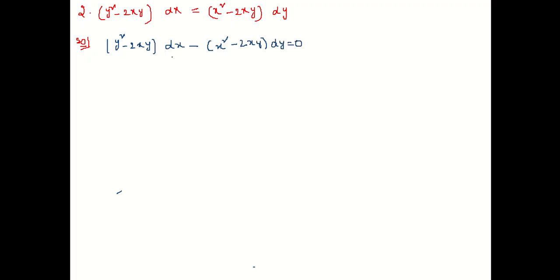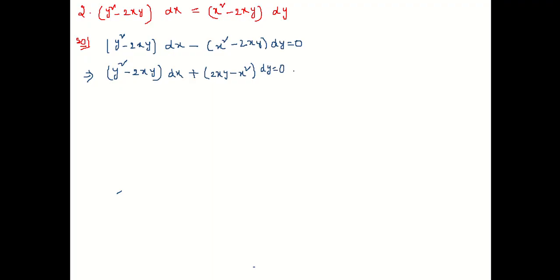Still it has a minus there, so make it plus. How can you make it plus? Take minus common from the dy term: we get (y square minus 2xy) dx plus (2xy minus x square) dy equals 0.